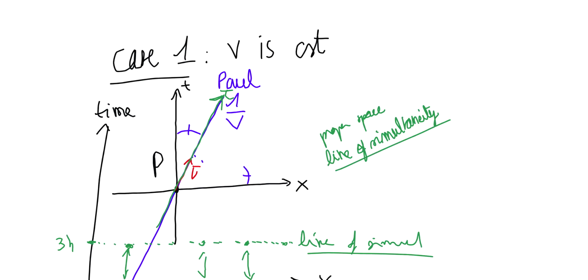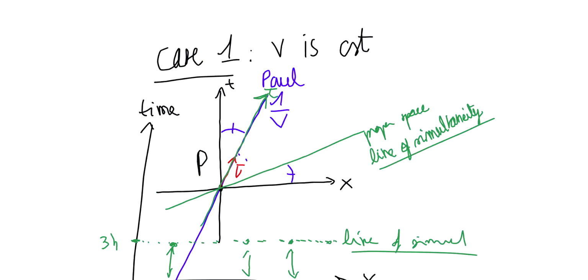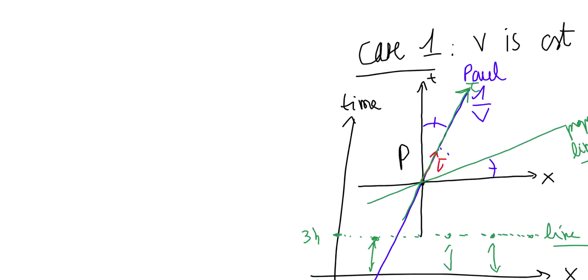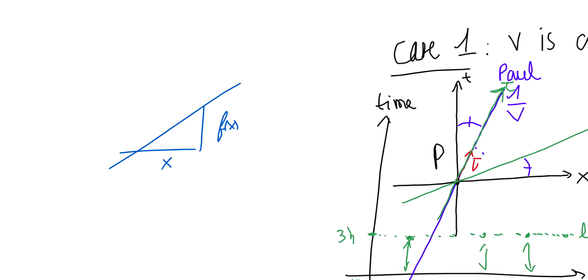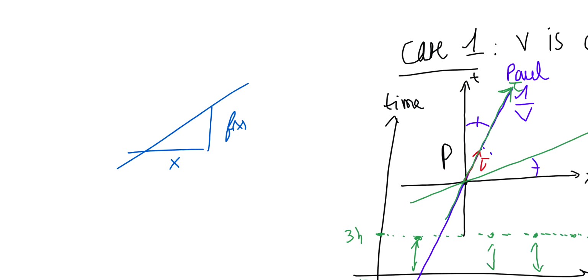Line of simultaneity, or proper space. Okay. We know that the slope of a trajectory is y divided by x.